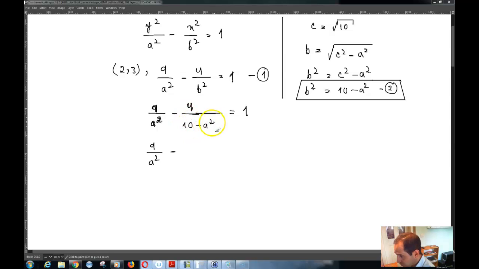So what I can do in order to solve this problem, it's a little bit tricky, but there is a way to solve the problem. You see, you have to somehow get your a squared out of the denominator so you can solve the problem. Let's try that.